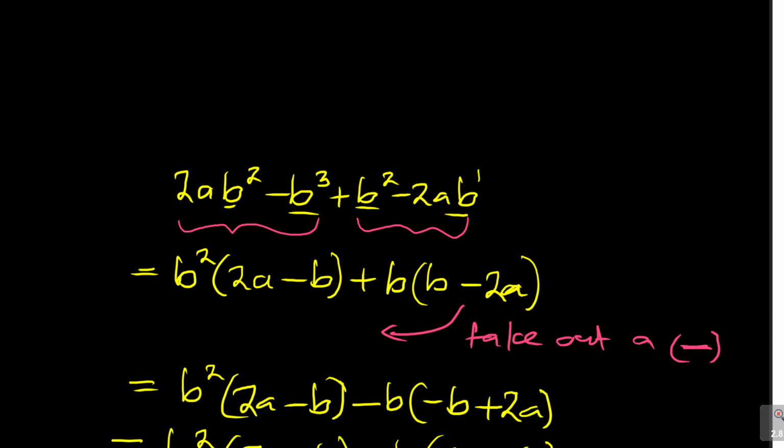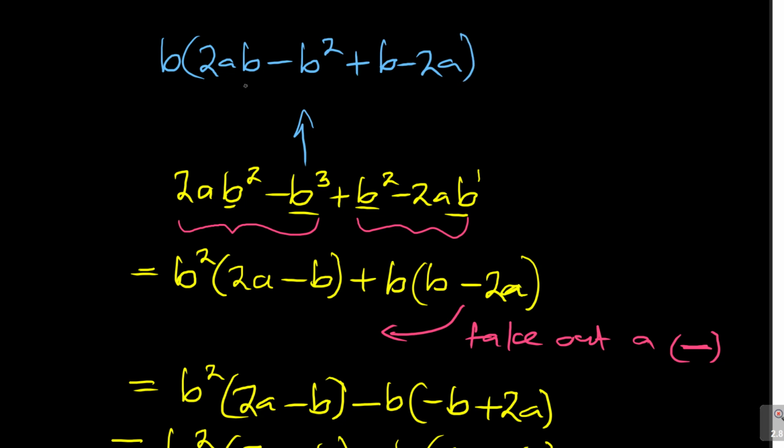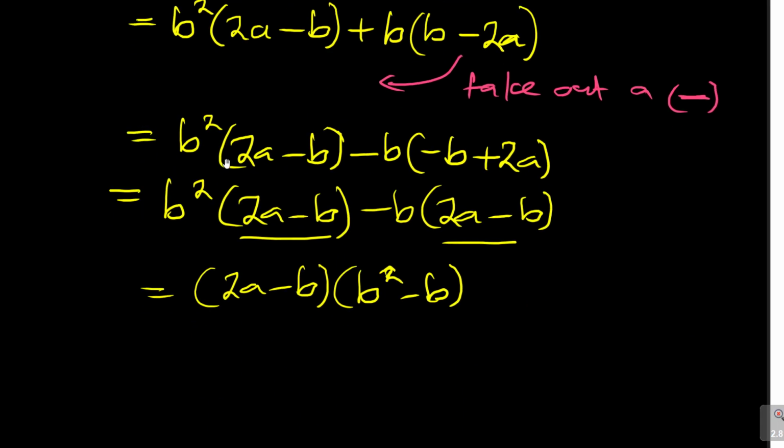If I'm taking out b already here, I was going to have b outside, then I will have 2ab minus b squared plus b minus 2a. So I was supposed to be factorizing whatever is inside. You can see that b is common here and b is common here. So when you factorize b, you are more like having this equal to 2a minus b, right?